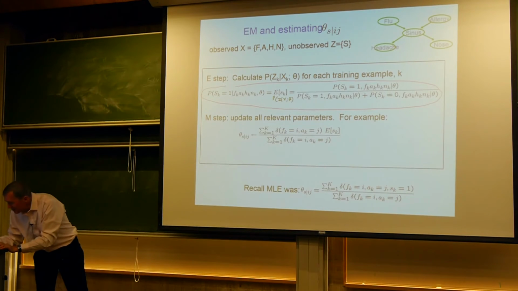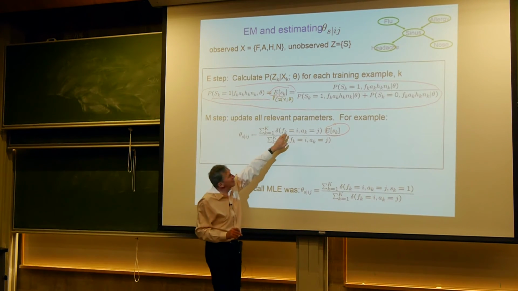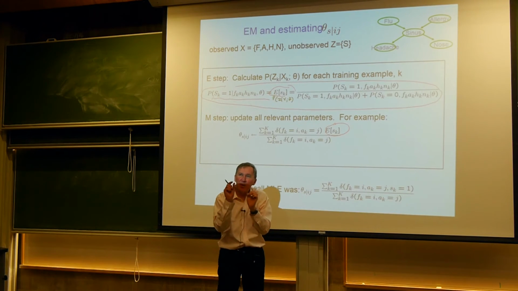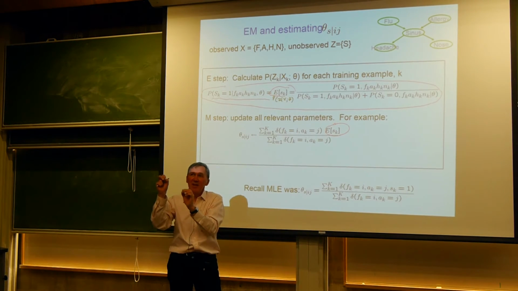Right? So this is really just the probability that S equals 1 given those observed things. So what you're doing is, every time you inferred that for a particular training example, let's say the probability of S equals 1 is 0.7, and the probability that it's 0 is therefore 1 minus 0.7, 0.3.